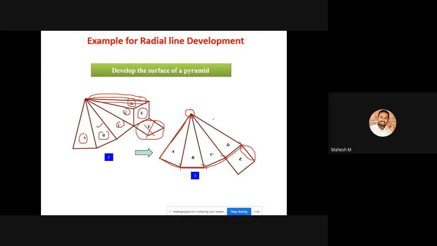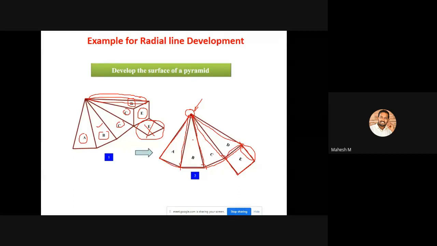Then you can join these points with the apex point. So this one is the apex point, and this one is the apex point. So you draw all the points to the apex like this. Then finally you can draw a square at any point. Okay, so this is our radial line development.